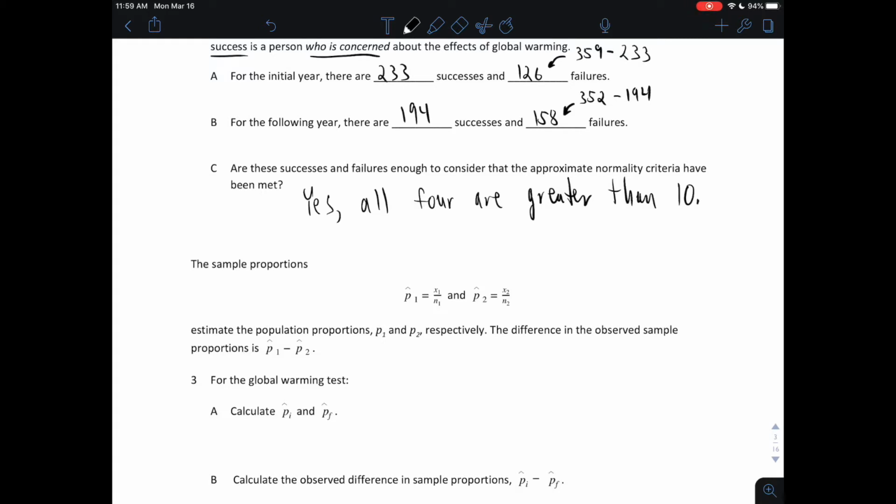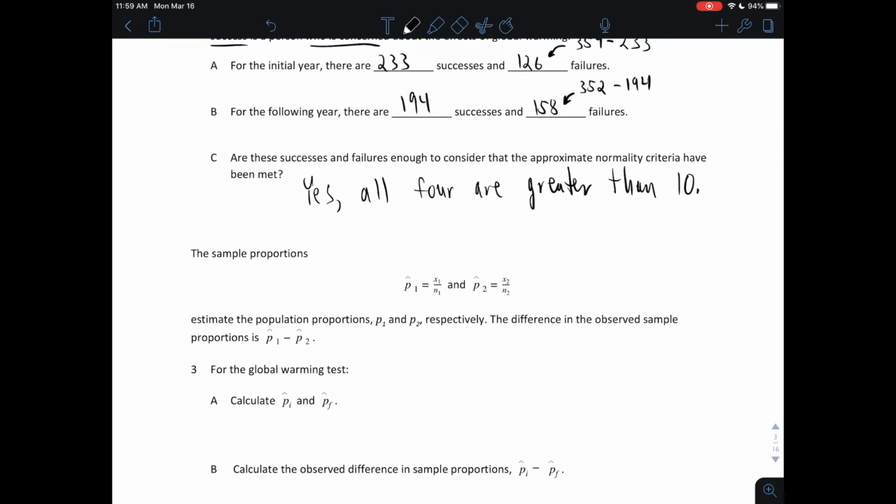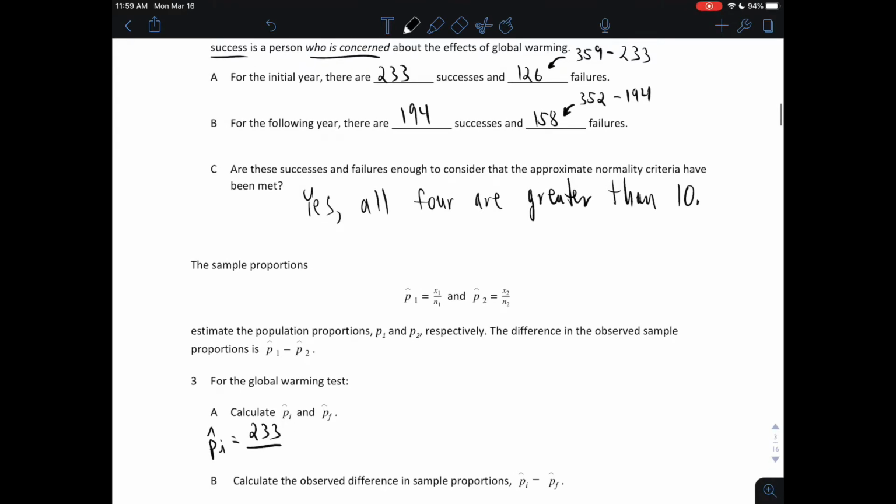Number 3, for the global warming test, let's calculate p hat I and p hat F. Again, this is just taking success over total for each. So p hat I would be the successes, 233, divided by the total, which is 359.